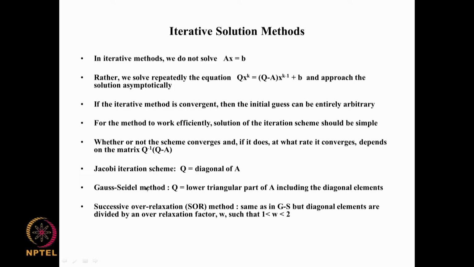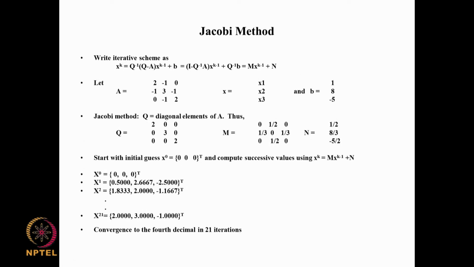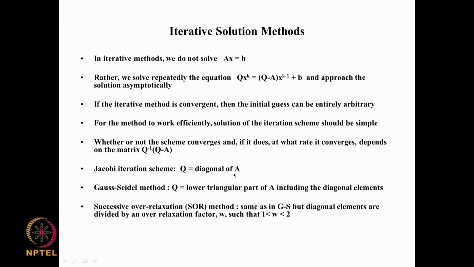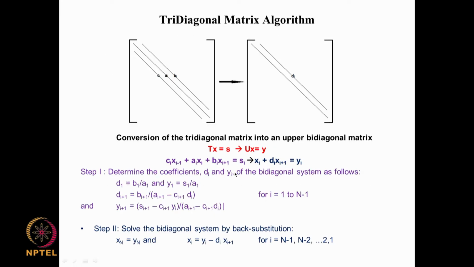So what we are going to see is the two basic methods, the Jacobi iteration method and the Gauss-Seidel method, and how in these two basic methods this idea of solving Ax equal to b in an iterative way, by finding a Q which makes this iteration scheme convergent, works out. In the Jacobi method, we take Q to be the diagonal of A. Let us say that this is the matrix, then we take Q to be equal to all these diagonal elements, and all the other elements of Q are 0.